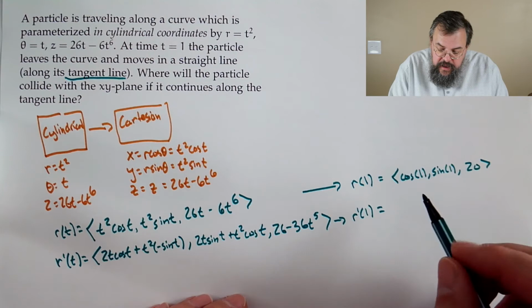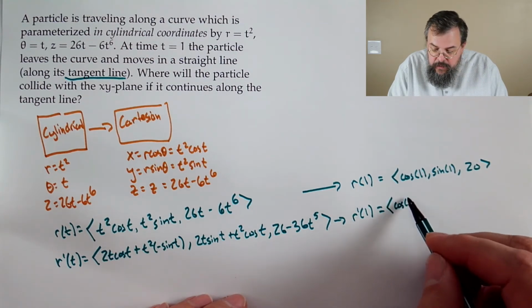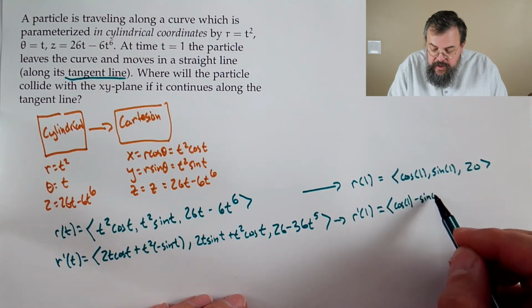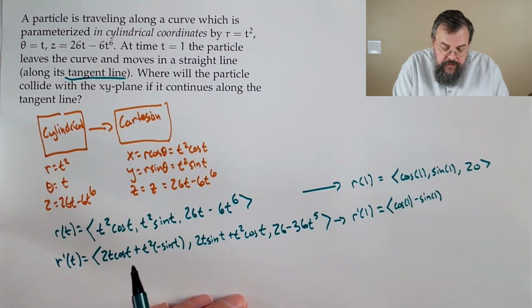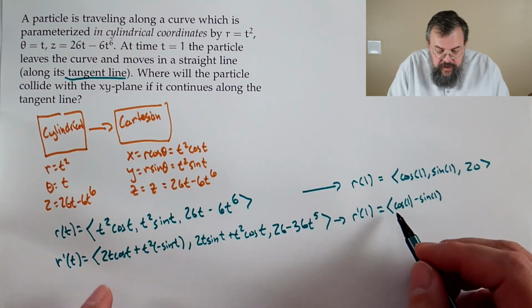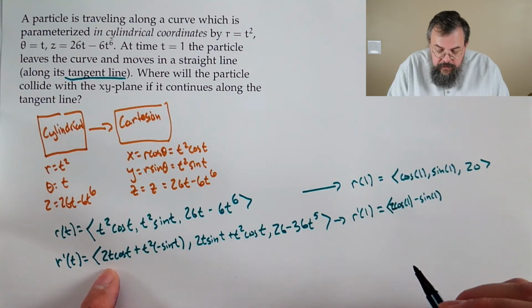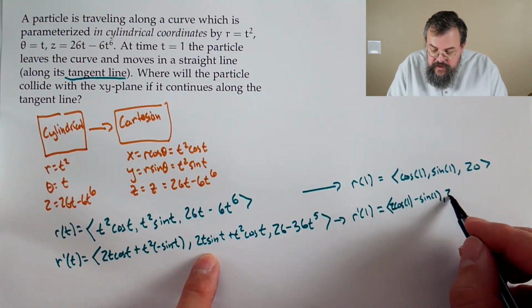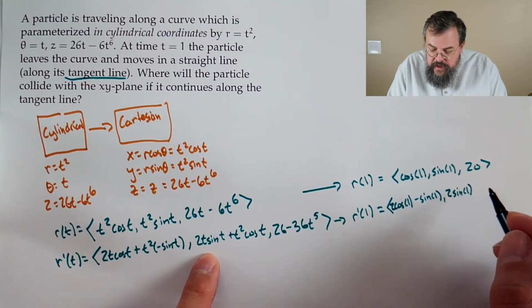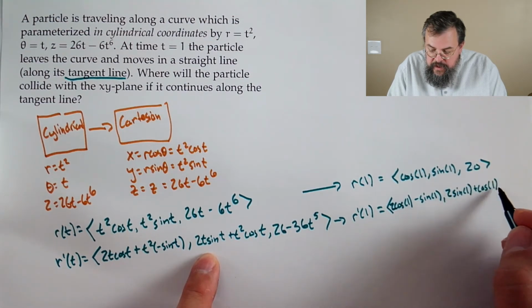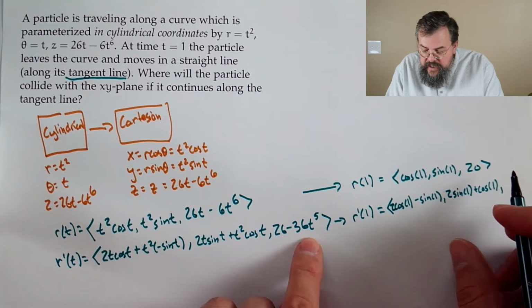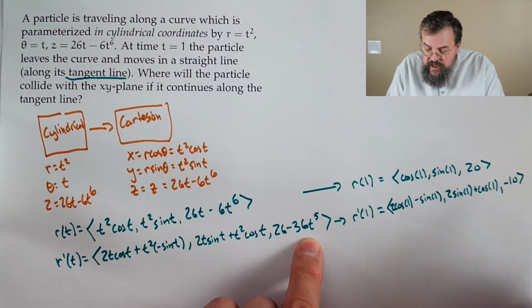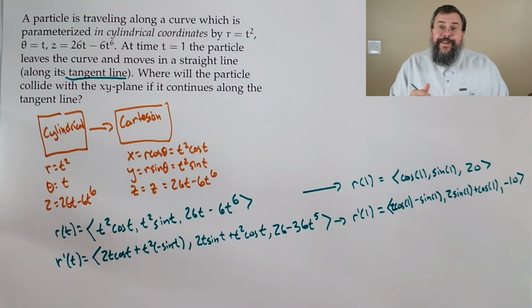It'll be cosine 1 minus sine of 1, oh whoops, we got that factor of 2. 2 cosine 1 minus sine 1, comma, 2 sine of 1 plus cosine of 1, comma, 26 minus 36, negative 10. Okay, so we've got our point and we've got our direction.